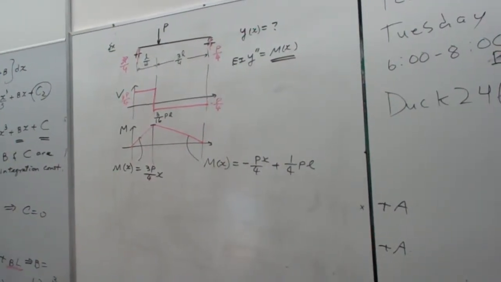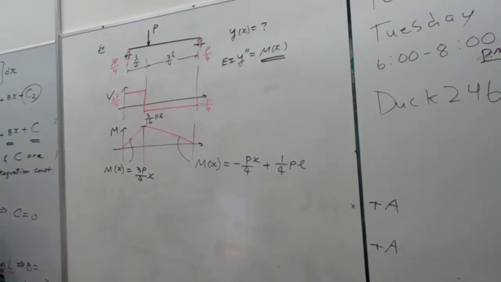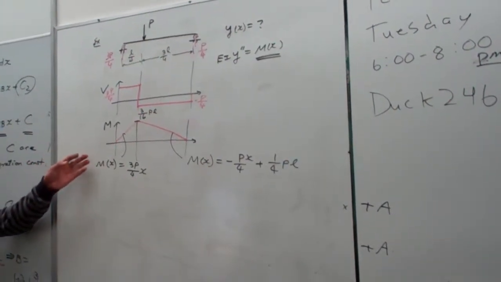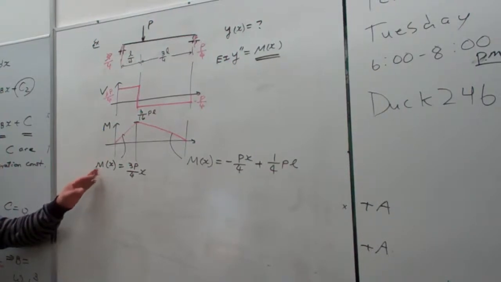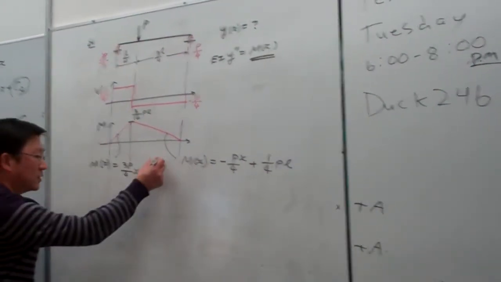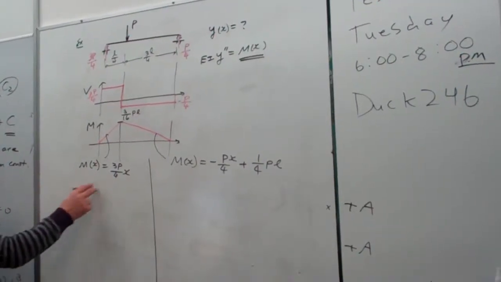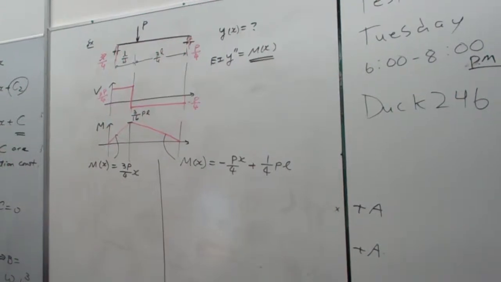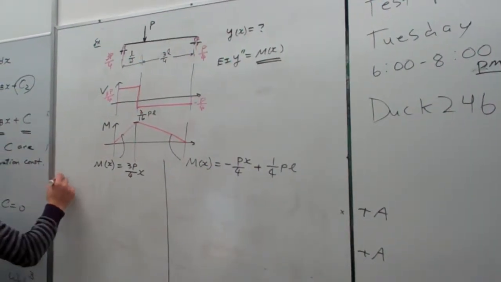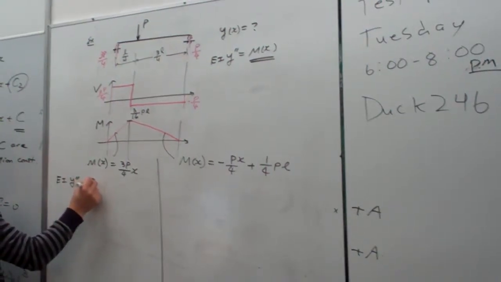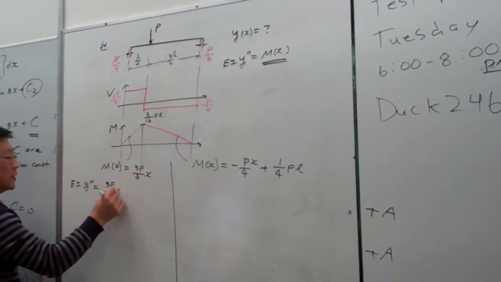So you see, for this example, how many distinct functions for M? We have 2. Right. So right now in our calculation, we have to split our integration into 2 ranges. For this one, EI y double prime equal to 3P over 4 x.